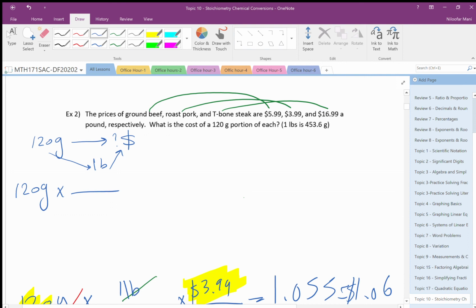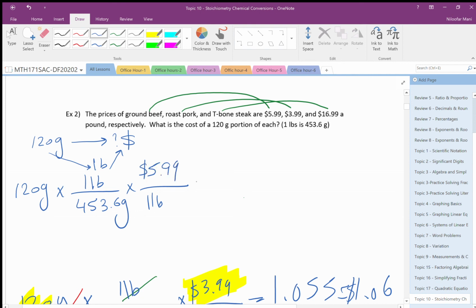I have gram here and want to cancel it, so I write 453.6 grams down and 1 pound up, and then multiply. 1 pound is how many dollars?